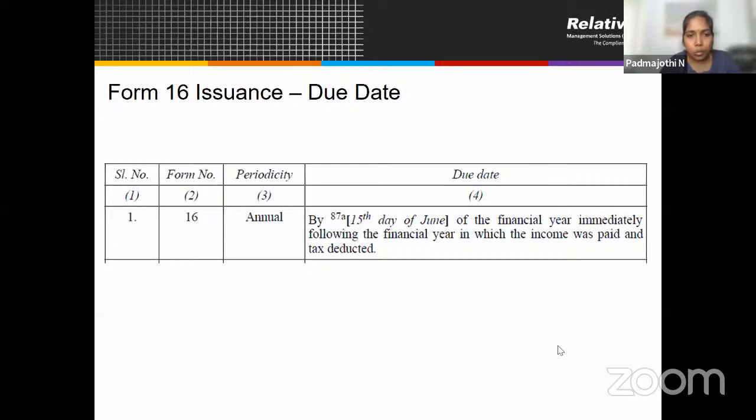In previous years, due to COVID, the due dates were extended by 1 or 2 months, but this year an extension is not possible, so we have to issue Form 16 before 15th of June. If we fail to issue Form 16, penalties will be levied for late issuing of Form 16. So please ensure that you complete the filing on 31st May, and Form 16 is issued on or before 15th of June.